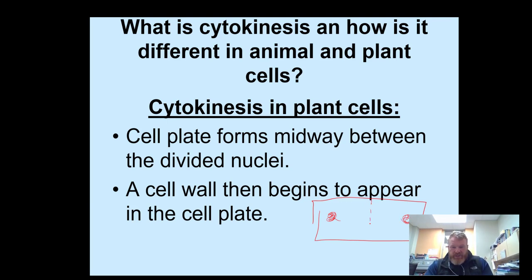So slowly, back and forth, back and forth, it'll start to lay down cellulose, the material that makes up the cell wall, until over time you have, I can't draw a straight line to save my life, a cell plate that cuts it in 2. This cell plate is what's going to cut this plant cell and finish cellular division in plant cells.